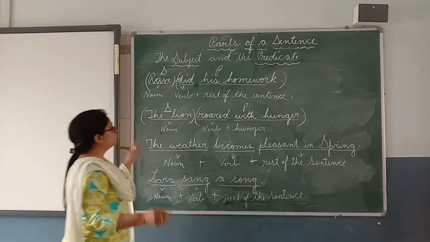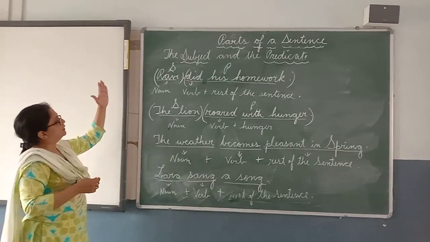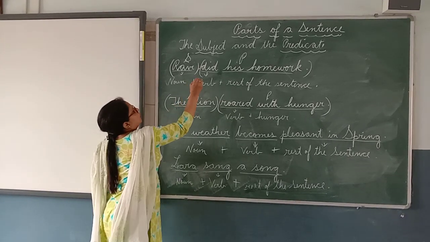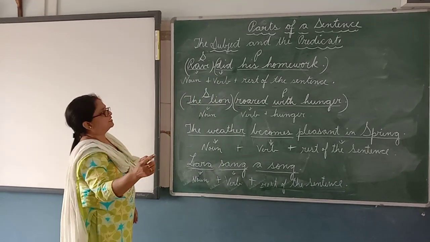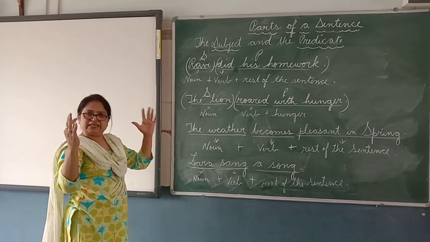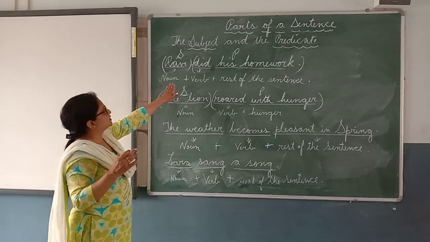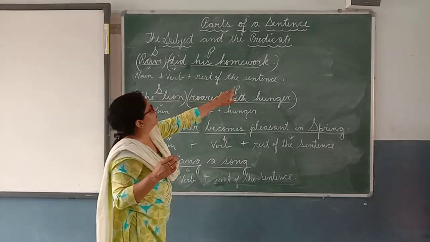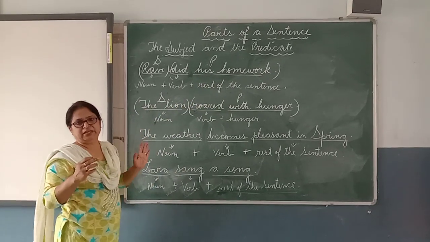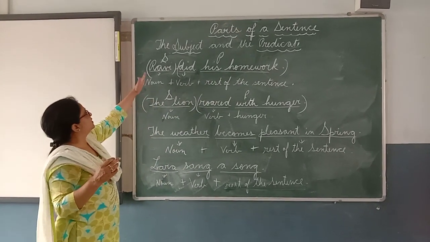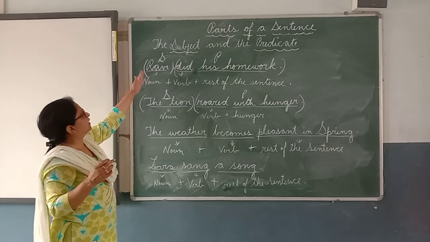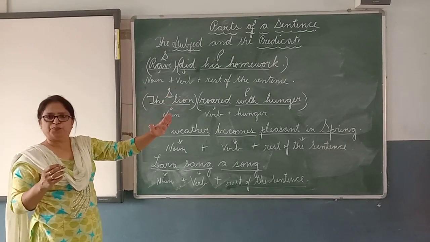Okay? So you have to keep in mind that the noun plus the verb plus the rest of the sentence makes a sentence. And the noun is the subject plus verb and rest of the sentence is the predicate. So, in the first sentence, Ravi is the subject, did his homework is the predicate.